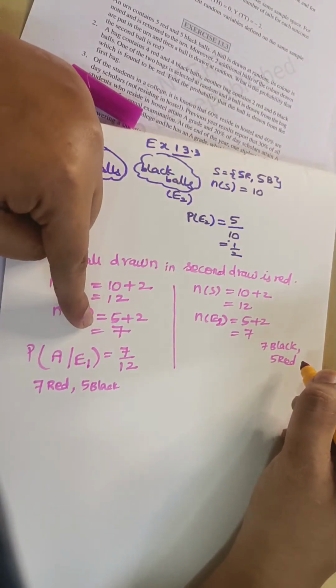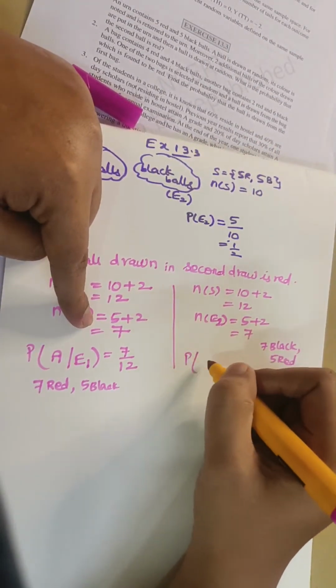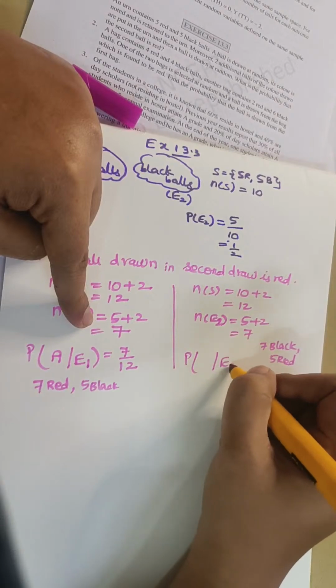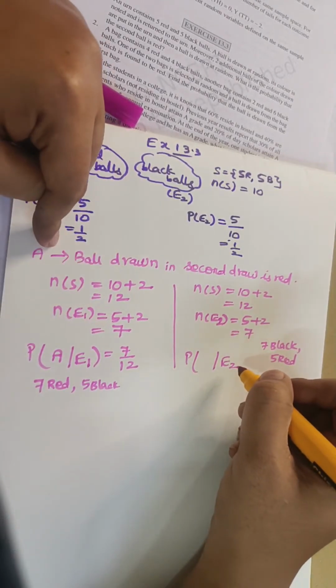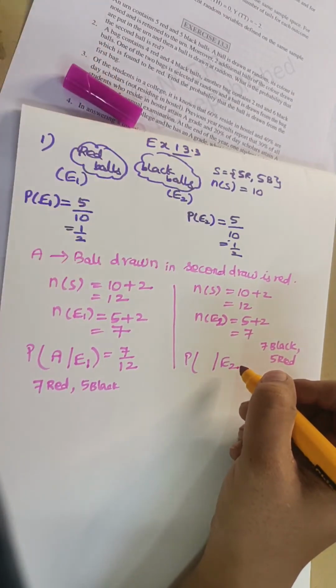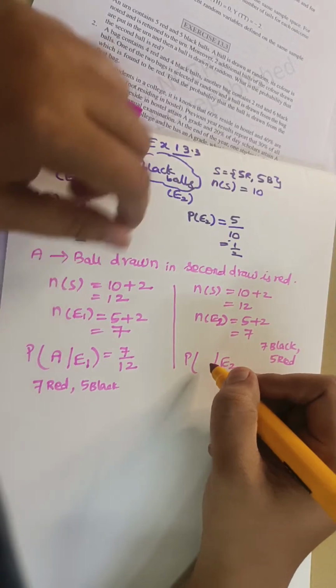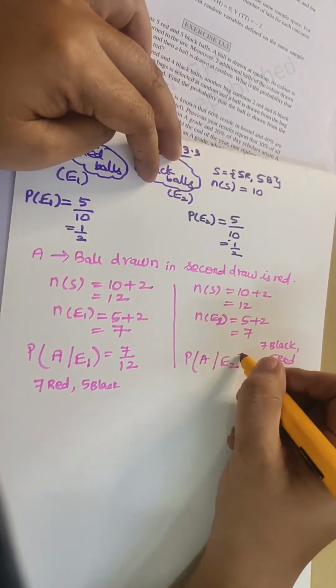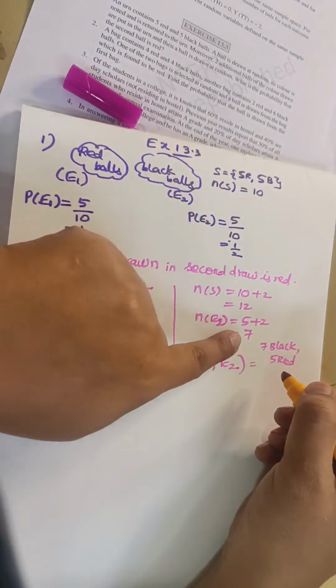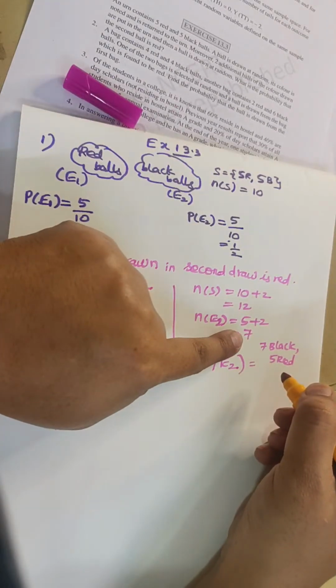Now what do I have to find? I know the ball color is black, but what is A? Ball drawn in the second draw is red, isn't it? So now the ball drawn is red. Can I use 7 here?